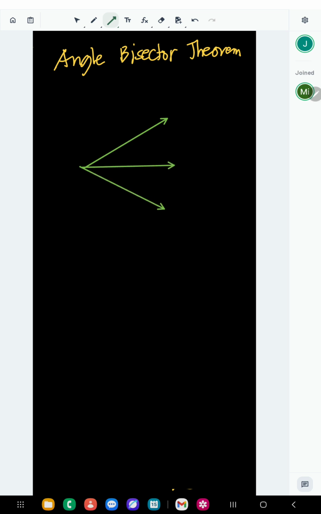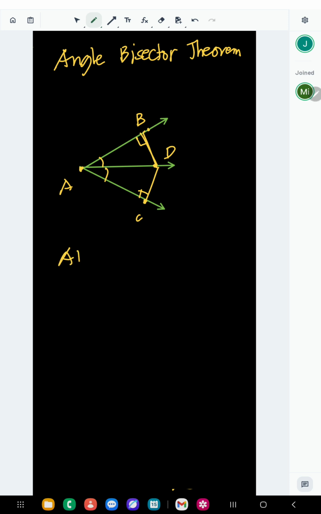Let's say this is point A, B, C, D, and this is a right angle there. Okay, so if a point lies on the bisector of an angle, then it is equidistant from the two sides of the angle. So this is the angle bisector theorem.